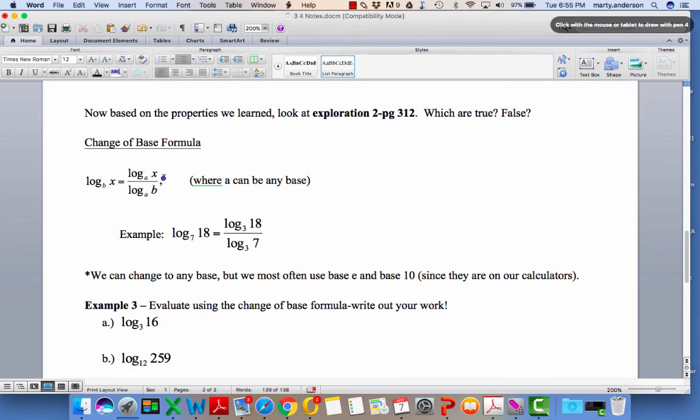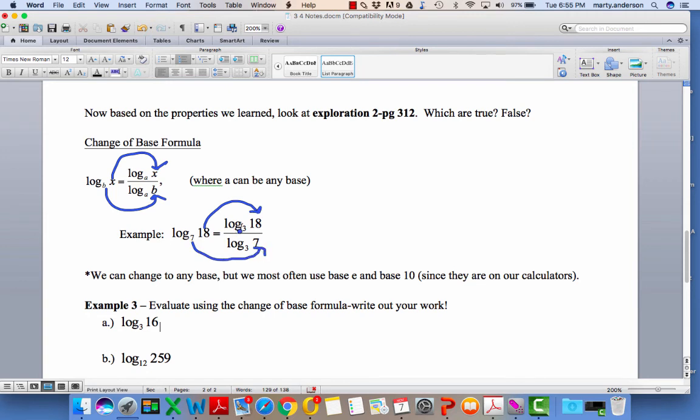Change of base formula is very useful, most useful if you wanted to go to common logs or natural logs, which is what is on most calculators. Not everybody has the log base on a calculator, and that used to not be the case. So notice the base becomes what you're taking the log of there, and what you're taking the log of goes up and shows up there. So this 18 goes there, and the 7 goes there.